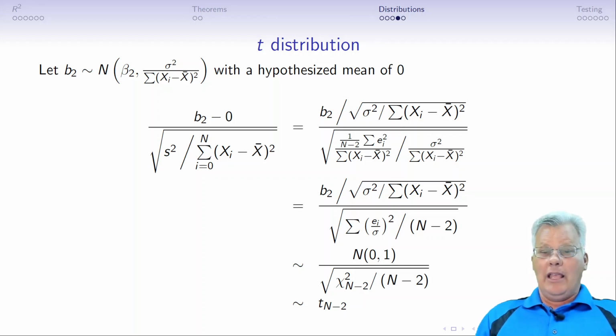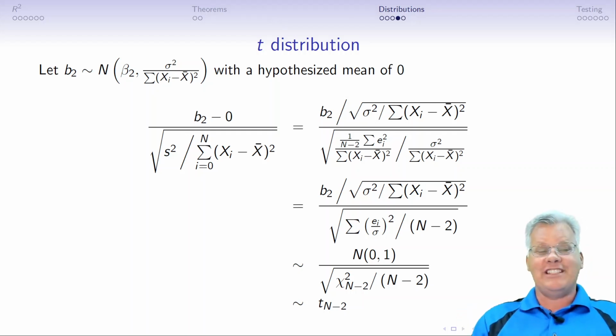So going to the second line, I've left the numerator unchanged, but in the denominator, as I did in the previous slide, I have moved sigma, the true unknown standard deviation of epsilon, inside the summation operator in the denominator.